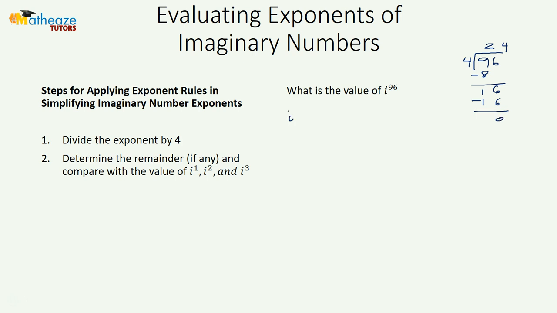So i to the power of 96 is the same as i to the power of 4 to the power of 24, multiplied by i to the power of 0, because that's the remainder. So i to the power of 4 is 1 to the power of 24 multiplied by 1. So this is 1 multiplied by 1, which is going to give us 1 as the solution.